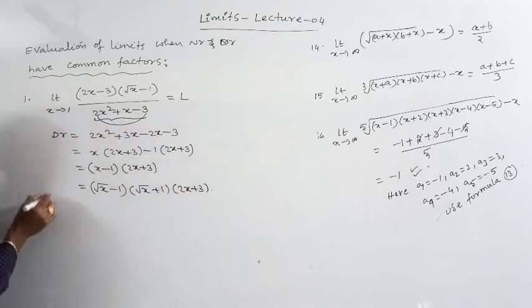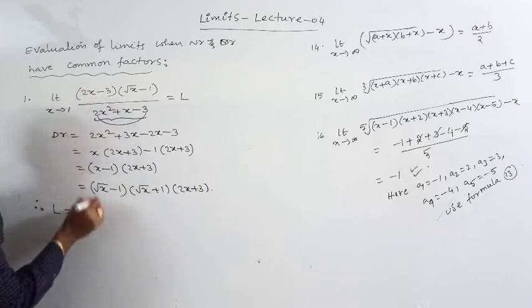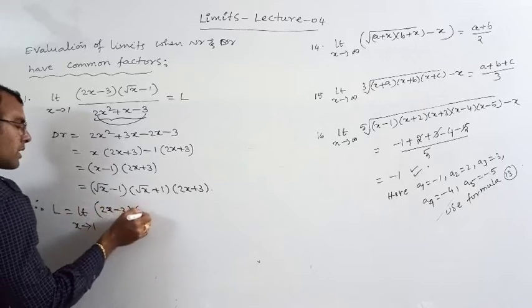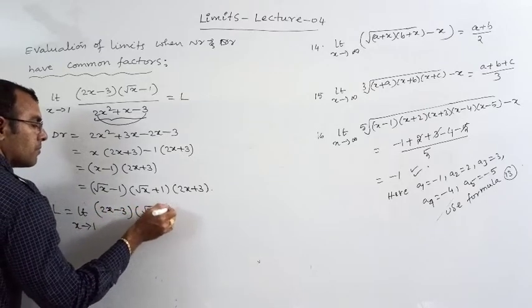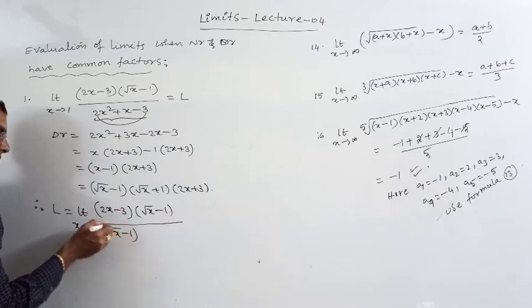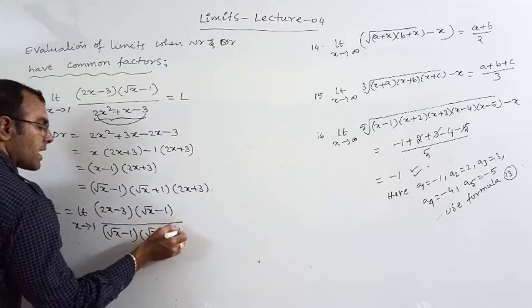Therefore, L equal to limit x tends to 1, (2x minus 3) into (root x minus 1) by (root x minus 1) into (root x plus 1) into (2x plus 3).